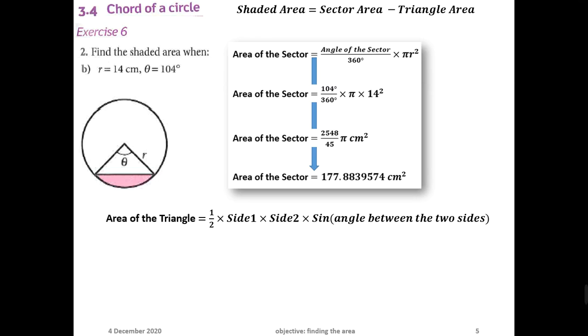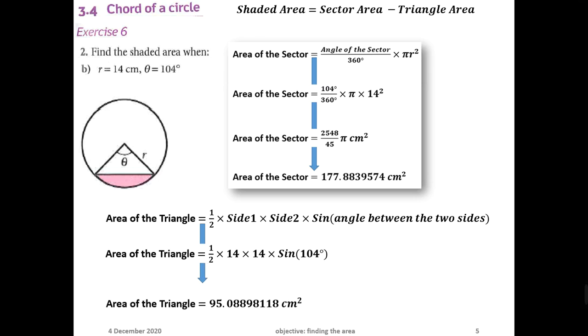The isosceles triangle is found using the formula half times side 1 times side 2 times sine of the angle between the two sides. Side 1 and side 2 are both equal to the radius of the sector. So we substitute half times 14 times 14 times sine of 104. Insert this in the calculator and write your answer.